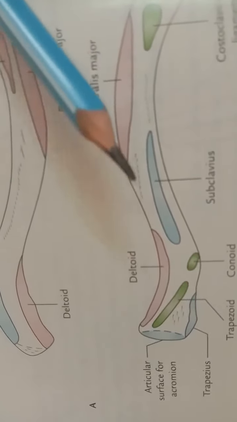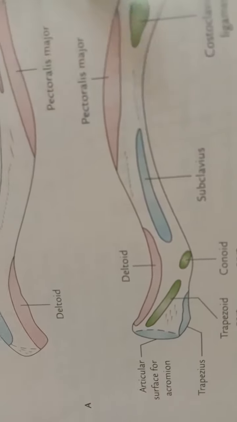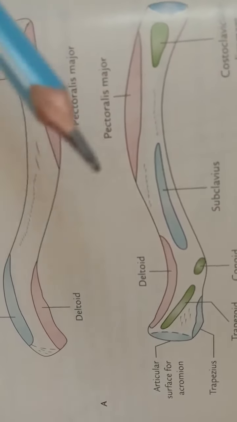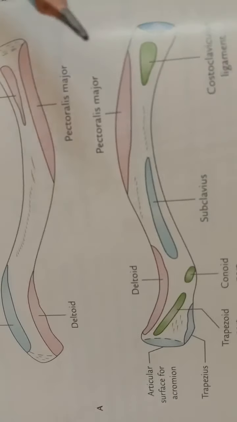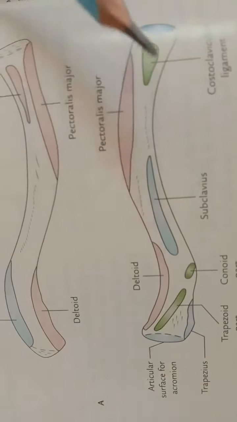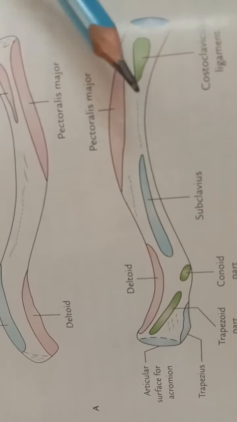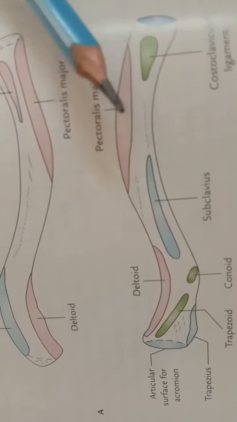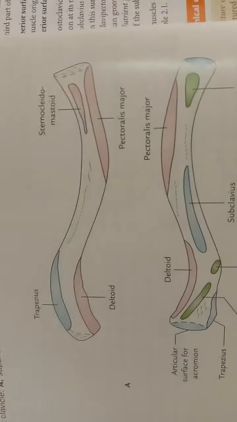Then the posterior surface close to the medial end gives the origin of the sternohyoid muscle, and the subclavian artery and the cords of the brachial plexus pass behind the inferior surface of the clavicle. The nutrient foramen, present on the shaft of the clavicle, transmits a branch of the suprascapular artery.